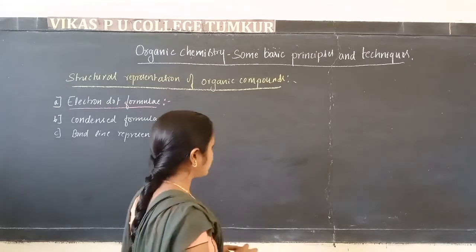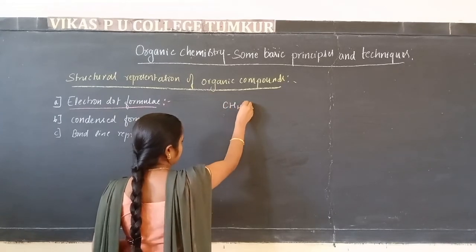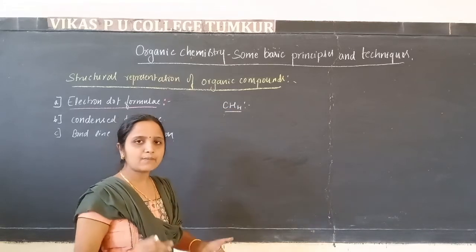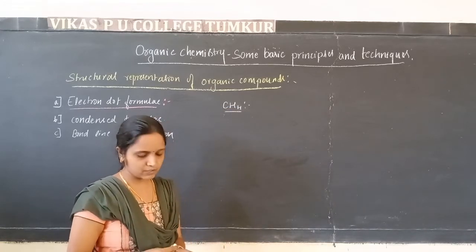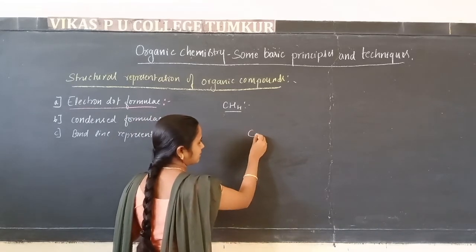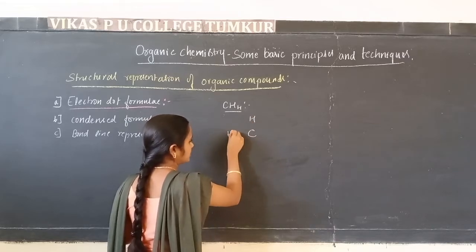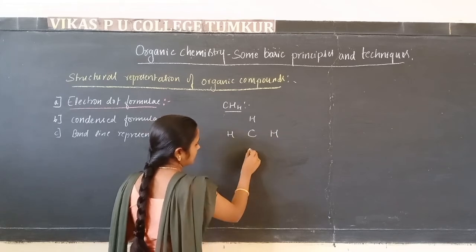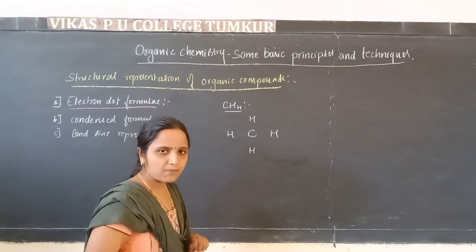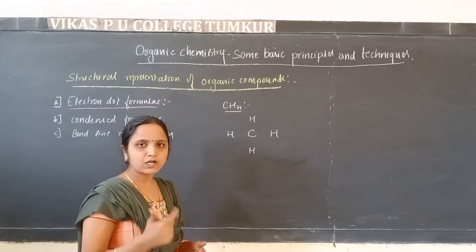Suppose we take methane as an example. Methane consists of carbon and hydrogen. Here the carbon is written at the center and the 4 hydrogen atoms surround this carbon. This shows the atoms present in the compound. Now we should represent the valence electrons.